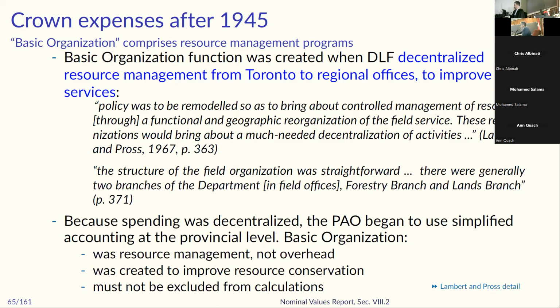You get that data or that reassurance from the PAO? I really don't. Mr. Hutchings is right about this. There is less detail in the PAO about what basic organization did. After 1943, when that term is introduced, we see the spending was on basic organization.